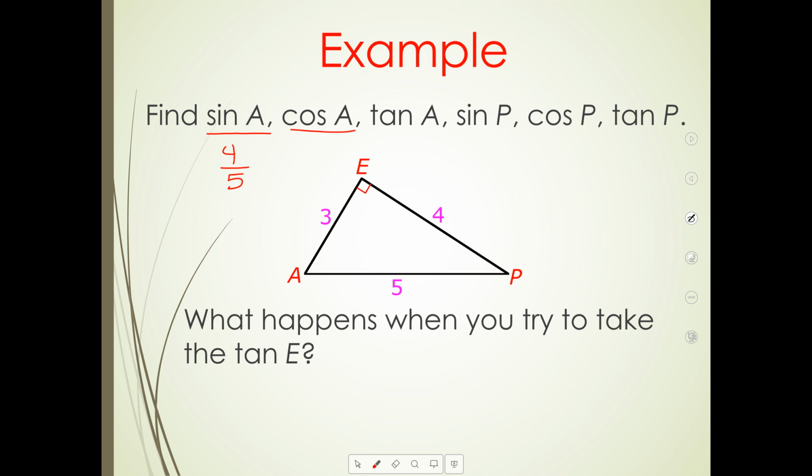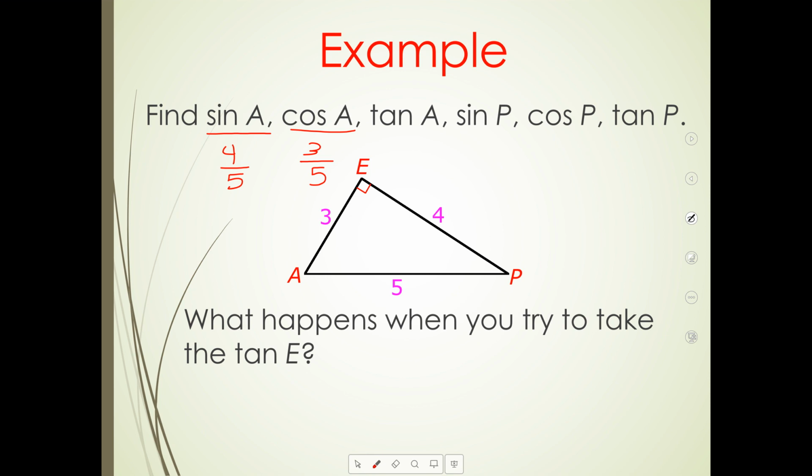Ashley, what's the cosine of A? Bingo. Let's stop for a second. Is everybody with us on those? If not, say something. Otherwise, I'll assume you're good to go and we'll move on. Martha? I'm really confused.